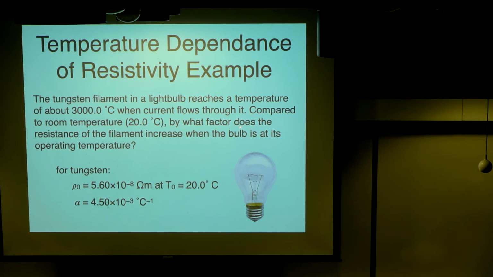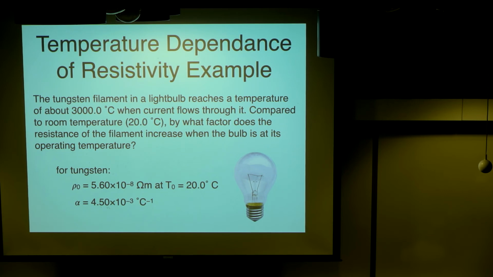Now, of course, that's a lot hotter than room temperature, which is about 20 degrees Celsius. So the question that we want to answer is, compared to room temperature, how much does the resistance of the filament increase when the bulb gets up to this operating temperature?